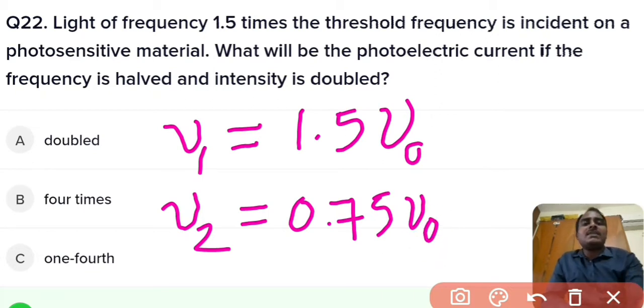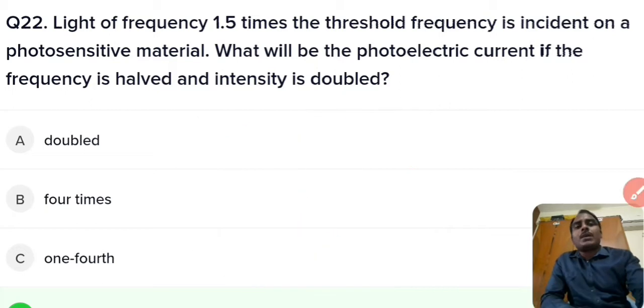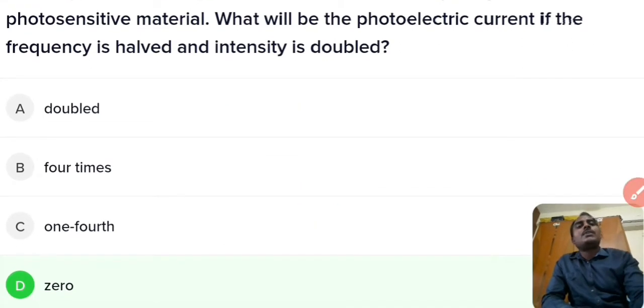Here it is very clear, this nu2 is less than the threshold frequency. If the frequency is less than the threshold frequency, photoelectrons are not emitted and current does not flow. So the photoelectric current becomes 0. D option is the correct option.